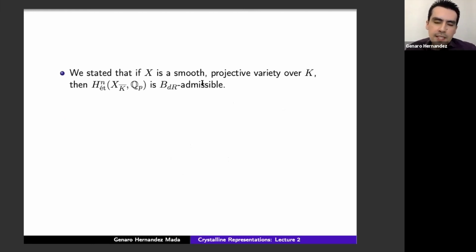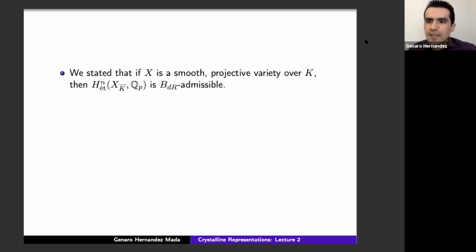If X is a smooth projective variety over K, where K, remember, is a p-adic field, then the étale cohomology that Felipe Saldivar is defining in his course is related to the one that he's defined there.